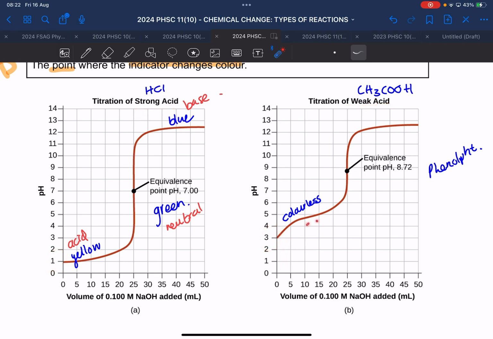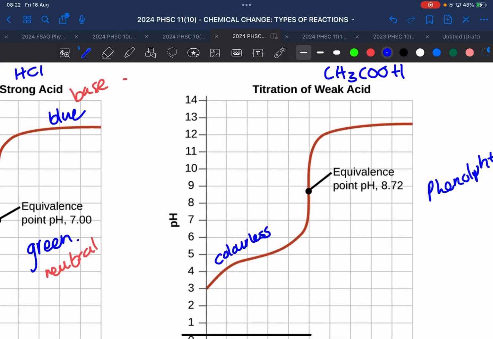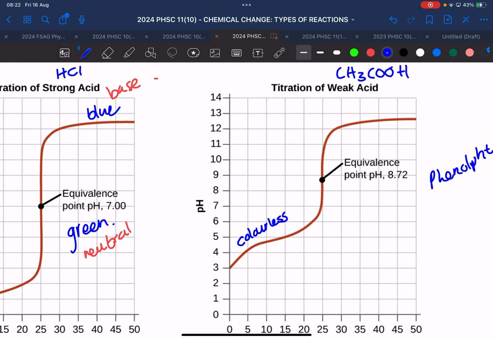Then we slowly added, and then it changed to what color? It changes here to light pink. And then when we added too much, it was a dark, or a bright pink. Pink, purple, Barbie pink.